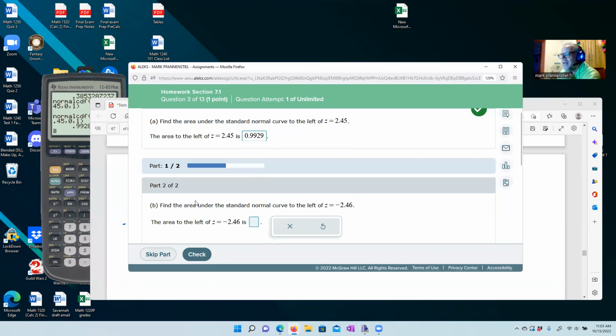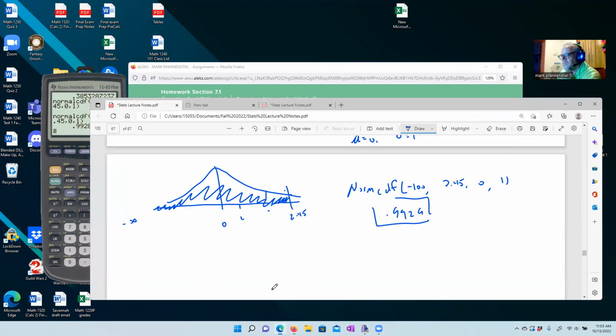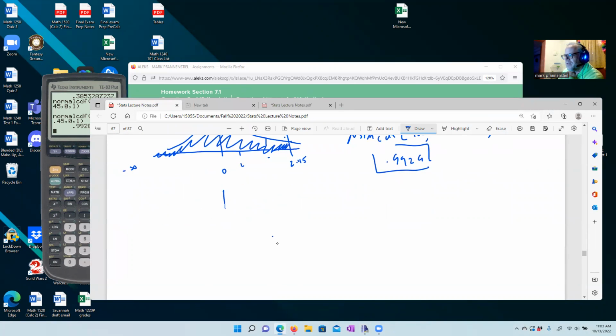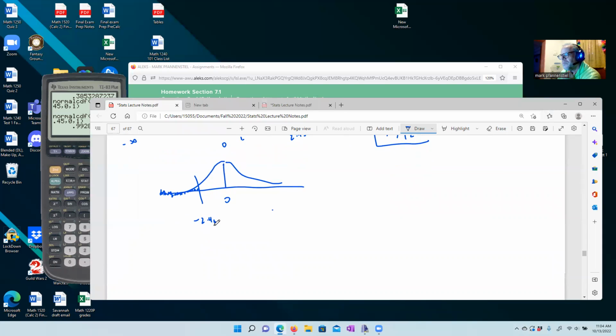All right. Now find the area under the standard curve to the left of negative 2.46. So here we go. Here is 0. We always put the 0 here. Here is negative 2.46. So we want negative infinity all the way up to negative 2.46. So pick a big negative number relative to negative 2.46.